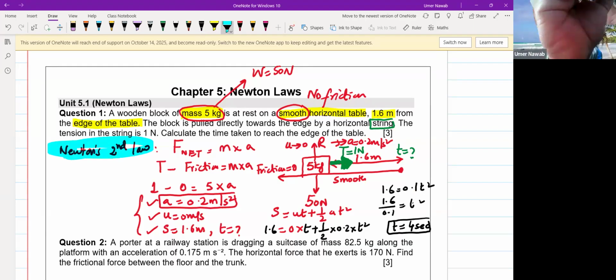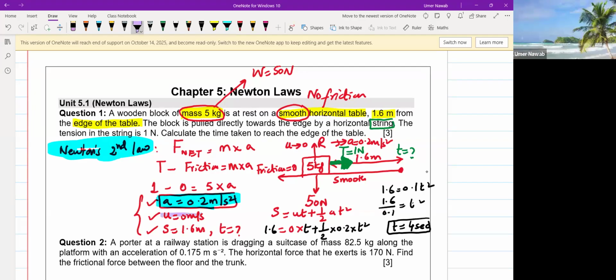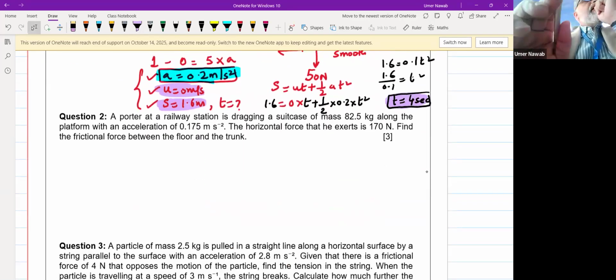Newton's second law will give you the acceleration, and then the equations of motion will be helpful for you to find how much time the block will take to reach the edge of the table. Let's go to the next question.